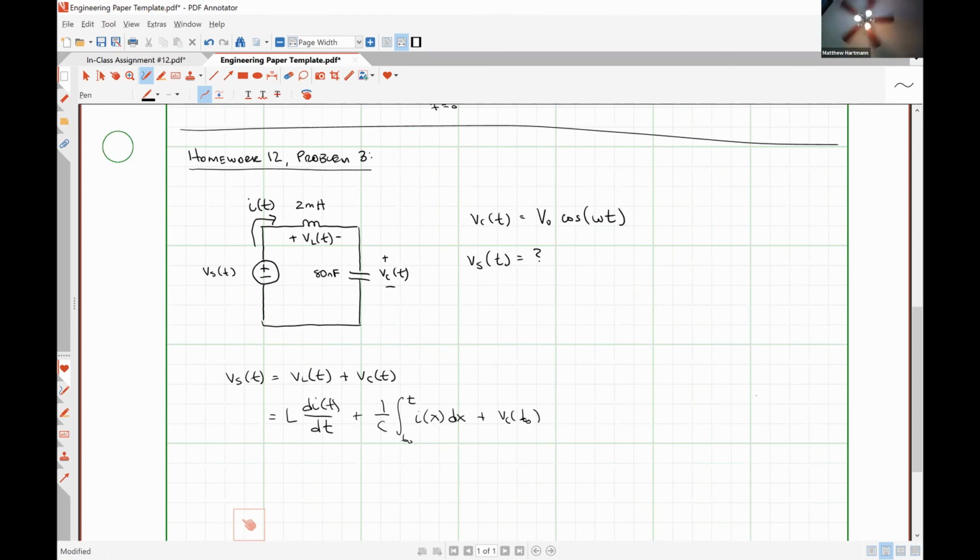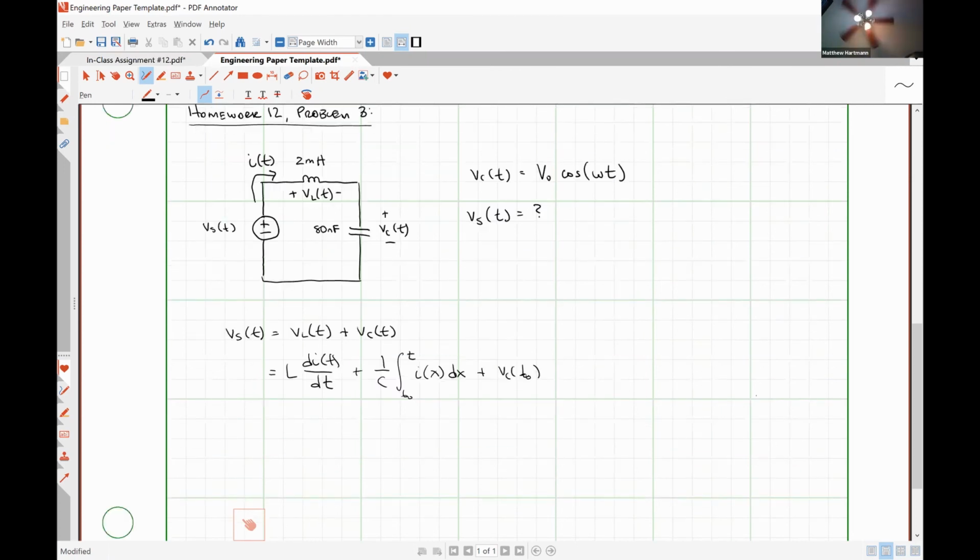The question then becomes, we don't know what that loop current is though, so how are we going to find that out?